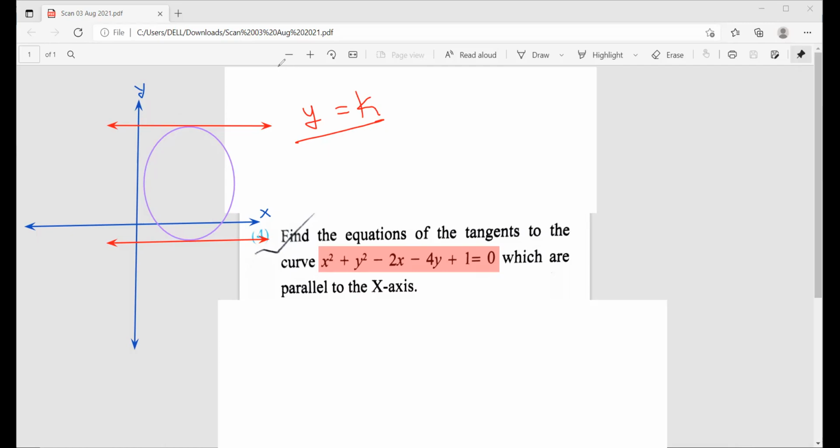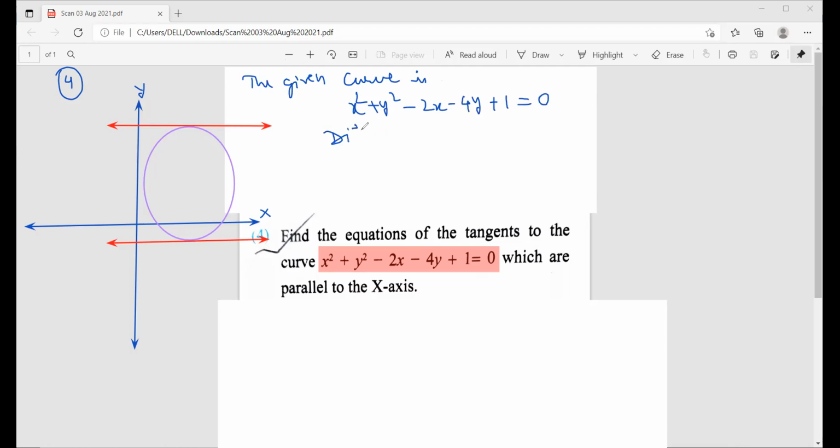So see, how do I begin solving this? Here I write the given curve is x square plus y square minus 2x minus 4y plus 1 equals 0.